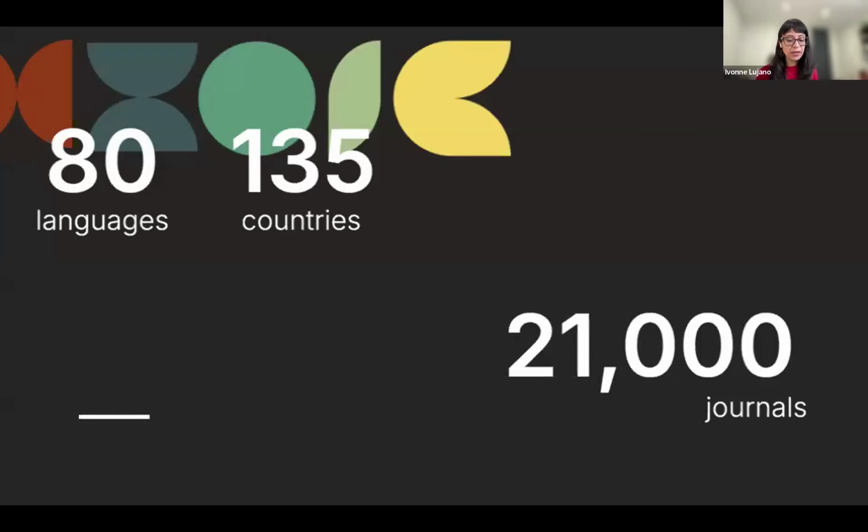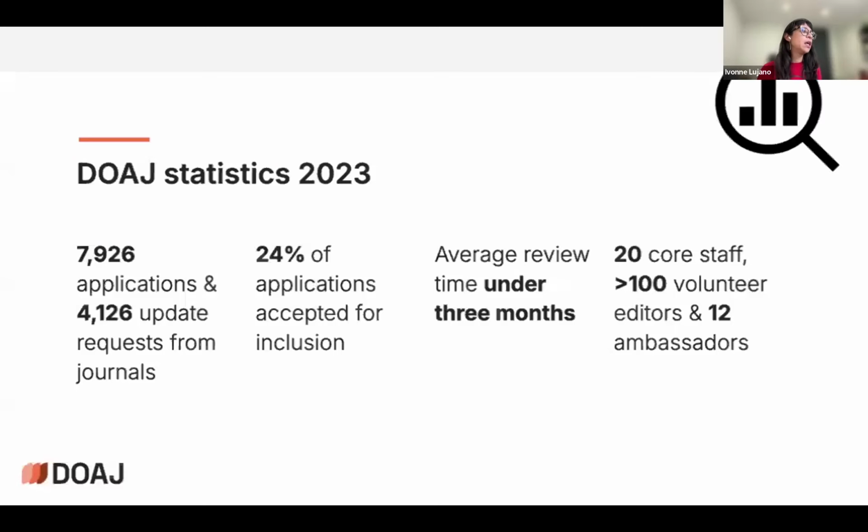It is important to highlight that the DOAJ is a directory that seeks and embraces diversity and inclusion of science and research outputs from different types of institutions, sizes of institutions, countries, etc. We have a small staff to process all the applications and to conduct all the review processes.